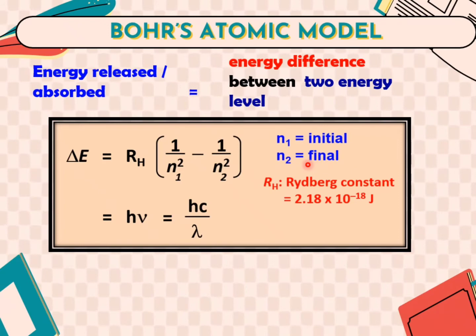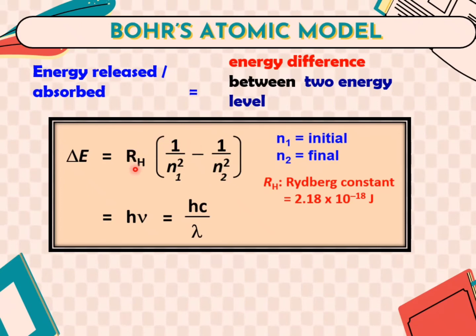Okay, contoh macam tadi, kalau dia bergerak daripada first kepada fourth energy level, bermaksud N1 dia adalah 1, N2 dia adalah 4. Tapi kalau dia bergerak dari fourth energy level kepada first energy level, so N1 dia adalah 4, N2 dia adalah 1. So you need to know the movement of electron from where to where.